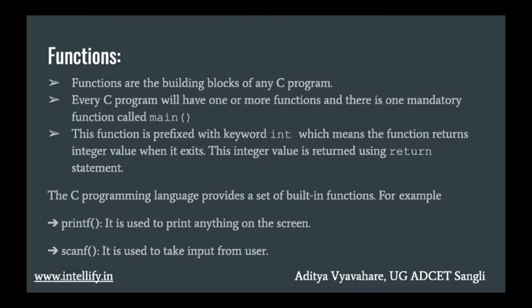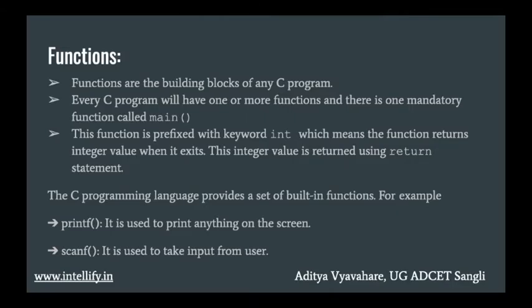If we give the prefix int for a program, then the program returns an integer value. If the program is running successfully, the value is 0, or else non-zero. If the compiler receives the value 0 from the program, the program is running okay. And if it has non-zero values, there is some error in the program and it cannot be executed.